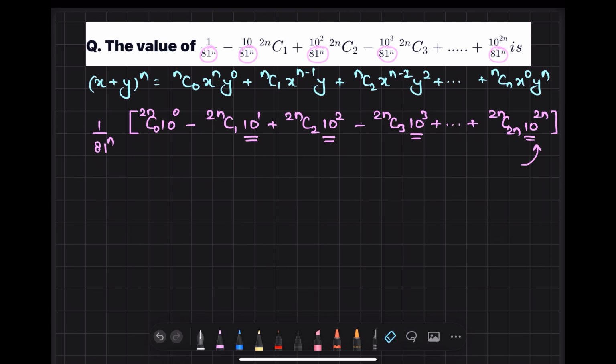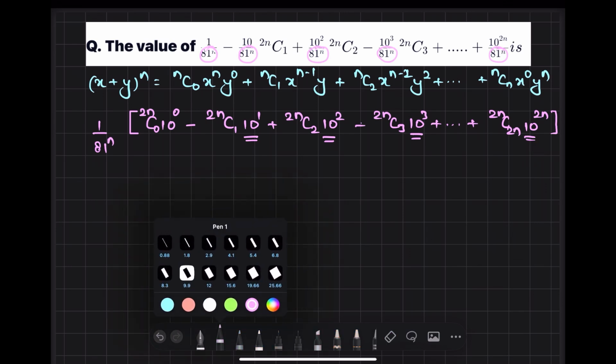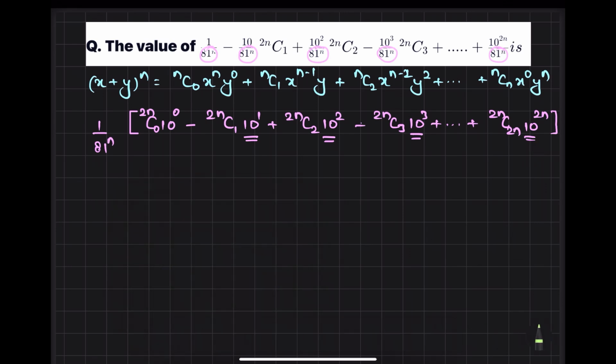My point is you have to figure out n, you have to figure out x, and you have to figure out y. If you observe, the lower subscript of C is 0 and the upper subscript of 10 is 0. Lower subscript of C is 1, upper subscript of 10 is 1.